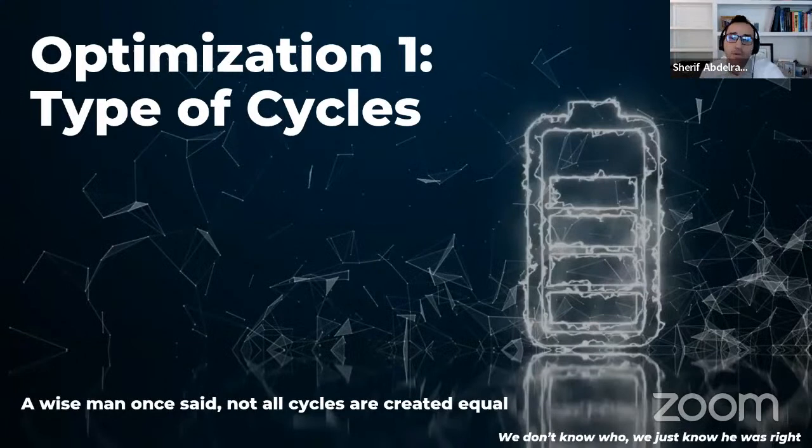So both are 1 cycle a day applications. How different degradation do you get? And based on that, how much different does your overbuild capacity or your beginning of life capacity need to be?